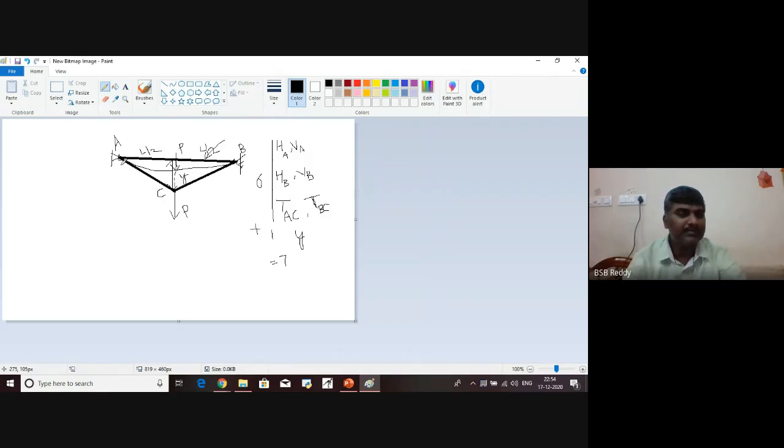So what are they? Let us check joint A, just like you solve a truss. At joint A, you can apply two equilibrium equations. At joint B, two equilibrium equations. Similarly, at joint C, two equilibrium equations. So you have 6 equilibrium equations, whereas there are 7 unknowns.